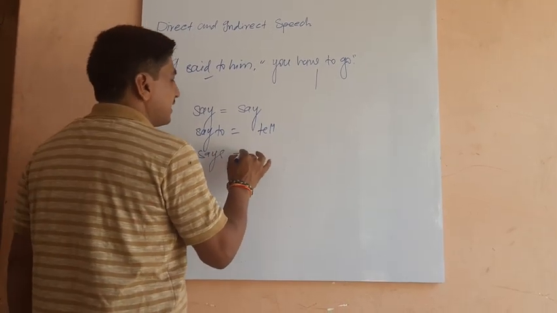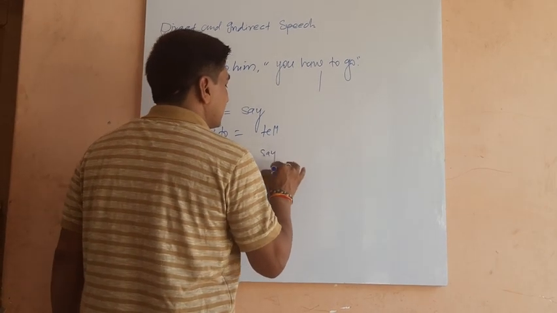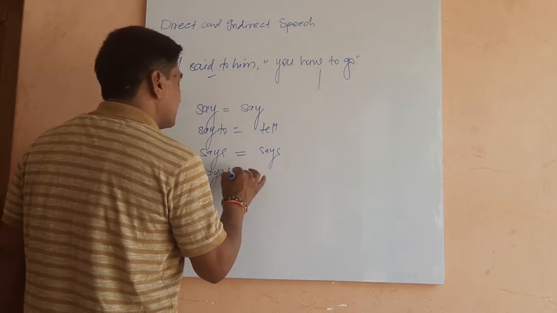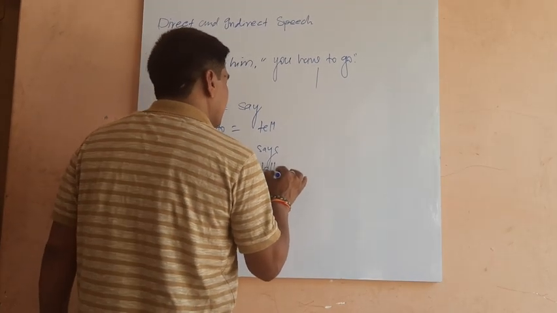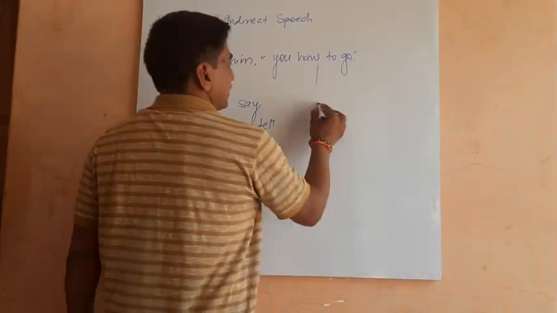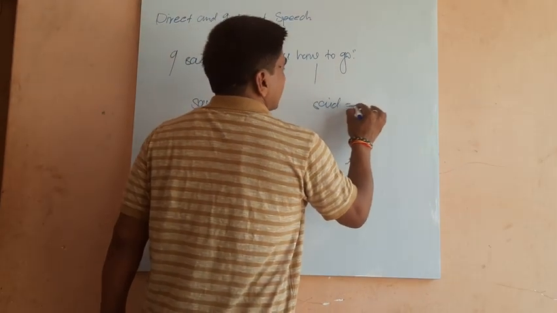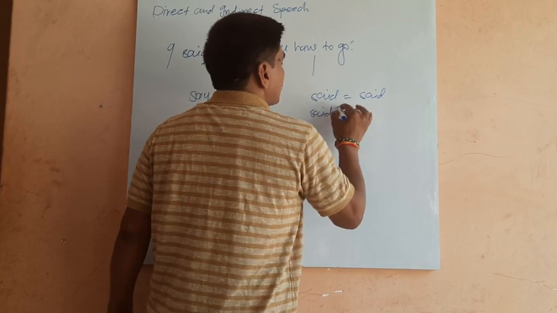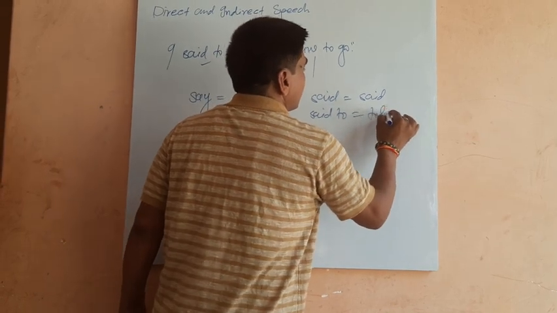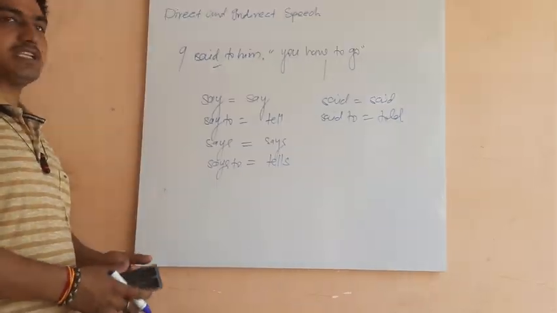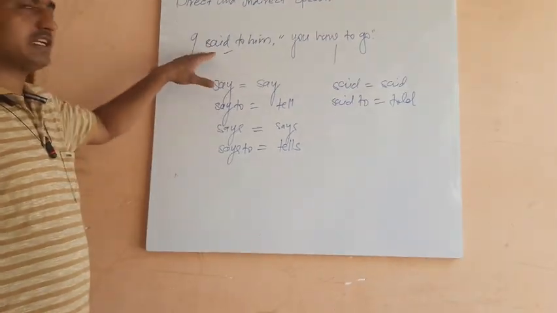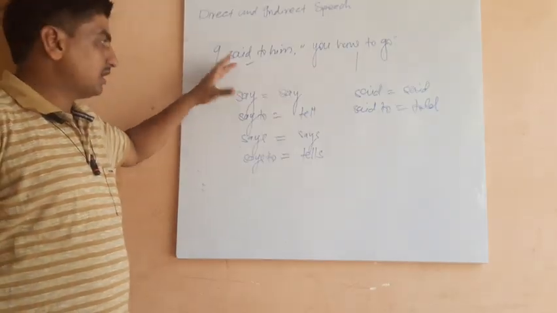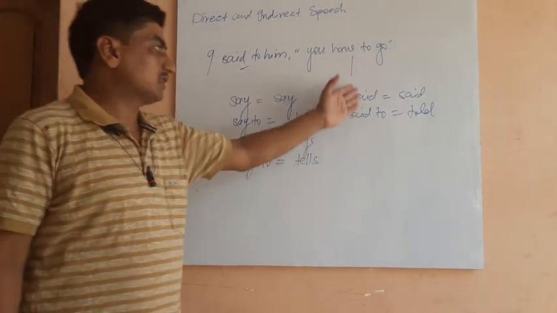If says is there, that will be says. If says to is there, that will be tells. If said is there, that will be said. If said to is there, that will be told. It means as soon as you enter the reporting verb, you have some certain changes of the verb.